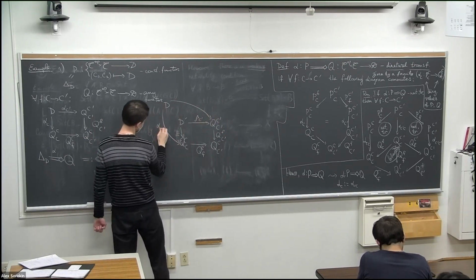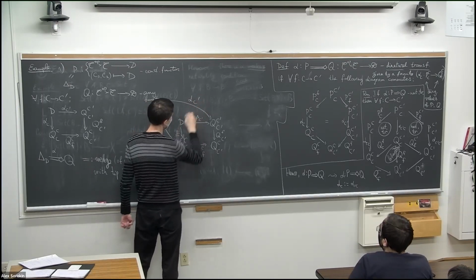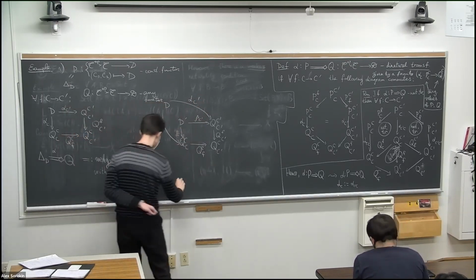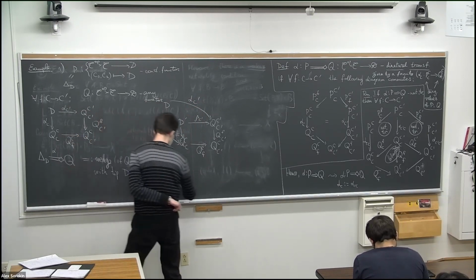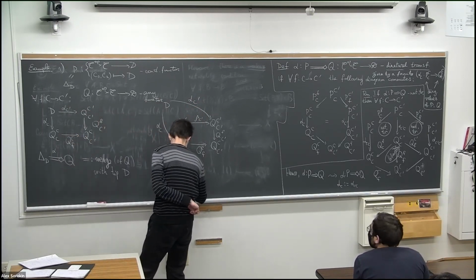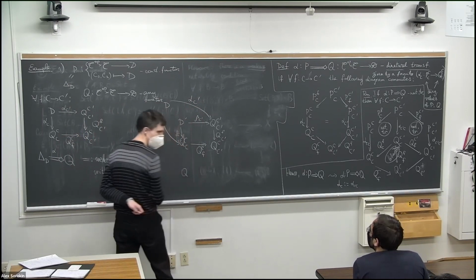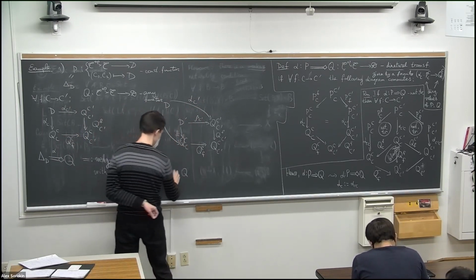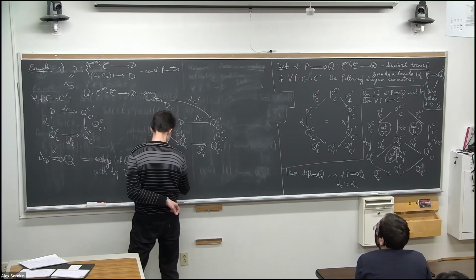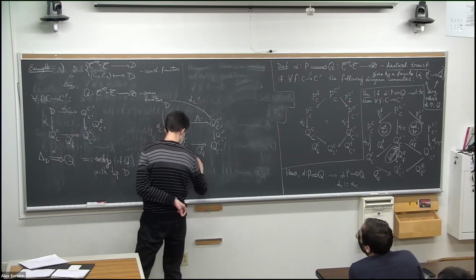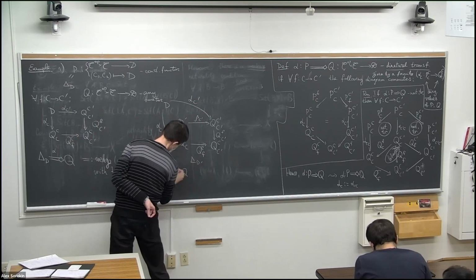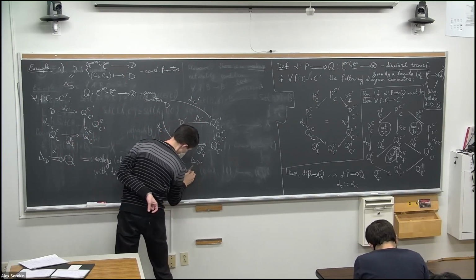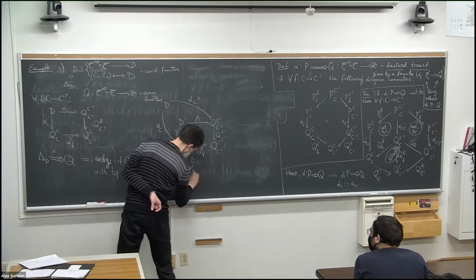Here's alpha C, alpha C prime. So I have two wedges that both land in Q. Here is my alpha, alpha D prime, well, wedge beta.